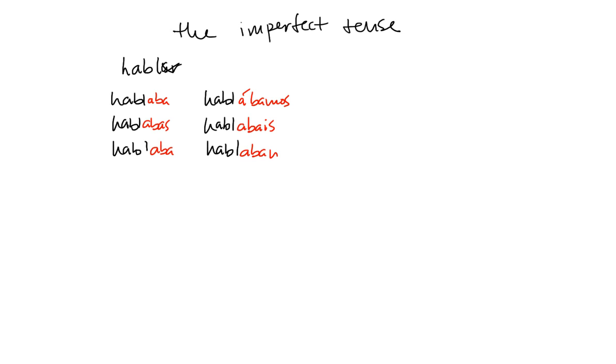Okay, remember vowel, N or S, stress is on the second to last syllable unless there's a written accent. Hablaba, hablabas, hablaba, hablábamos. Sounds a little bit like an animal, I think, sometimes. It means, of course, we were speaking, or we used to speak.